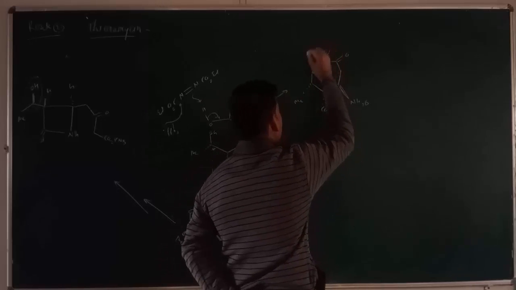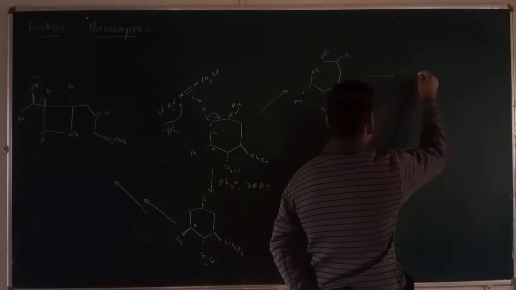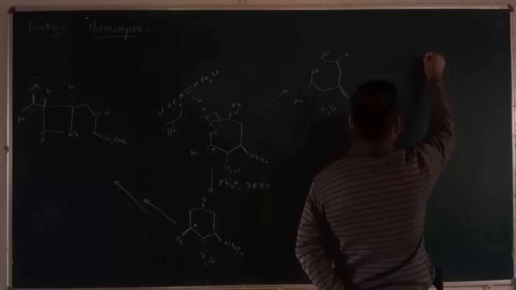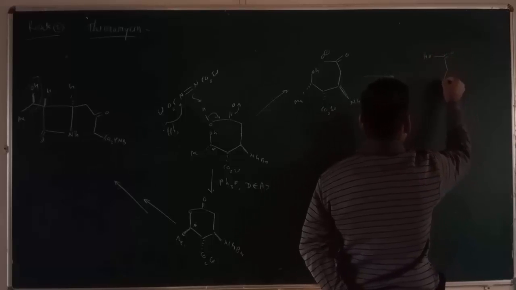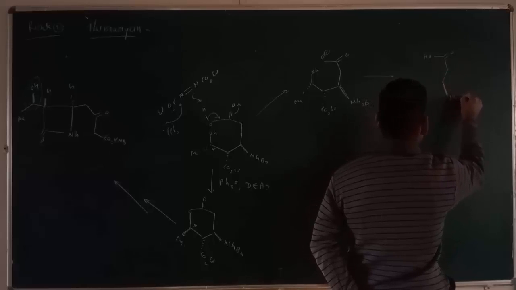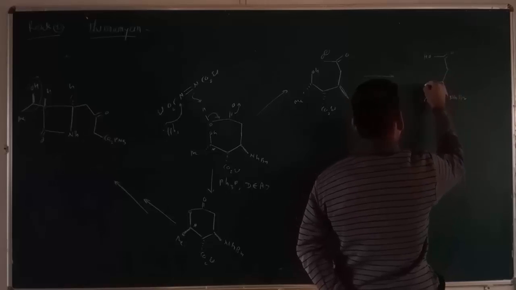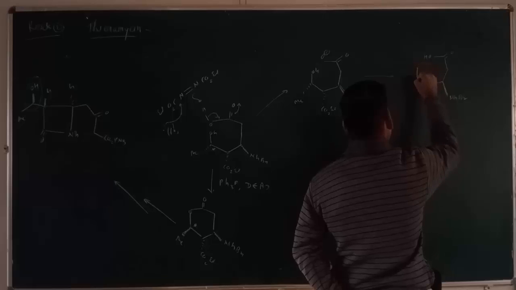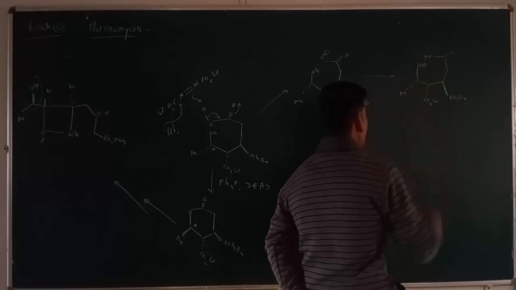So here it gives formation of an O minus. Then in a further step, there is shifting of the proton. Here is OH, C double bond O, then here is NHBN, here is CO2, and it gives formation of an O minus, and this is the methyl group.